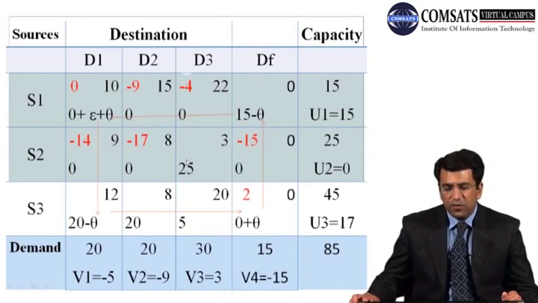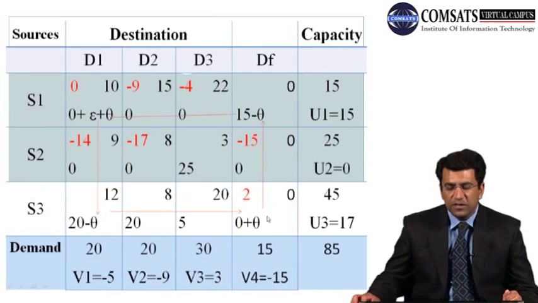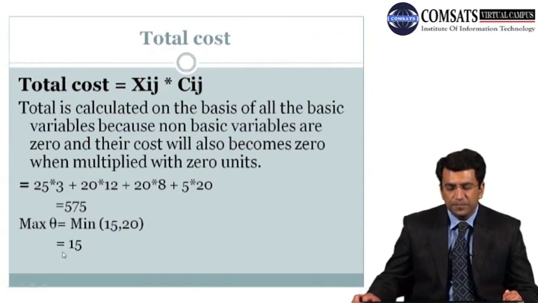Then again we can supply 25 units from S2 to D3. We can supply 20 units from S3 to D1, 20 units from S3 to D2, and again 5 units from S3 to D3. If we multiply the relevant cost with this quantity, we get the total cost equal to 575. And again, as I have already discussed, we have computed the value of theta as 15.